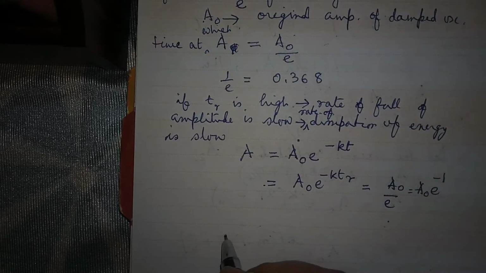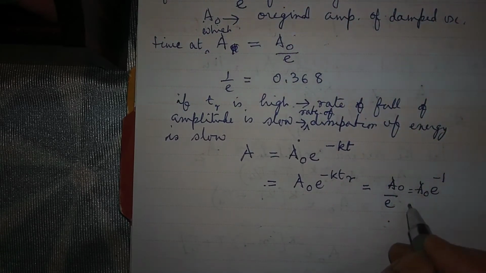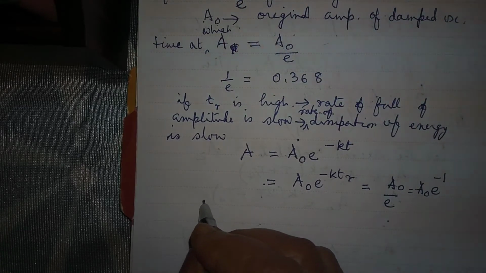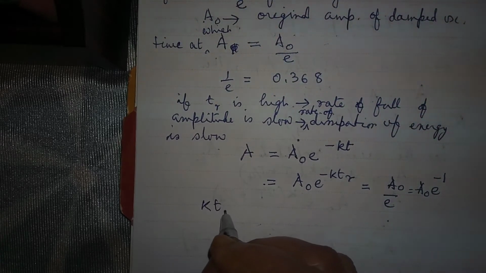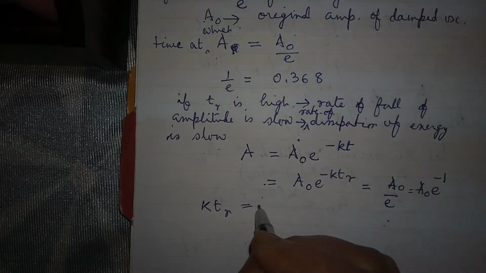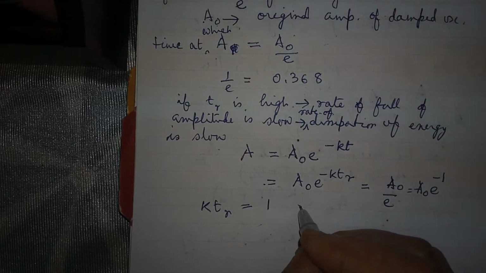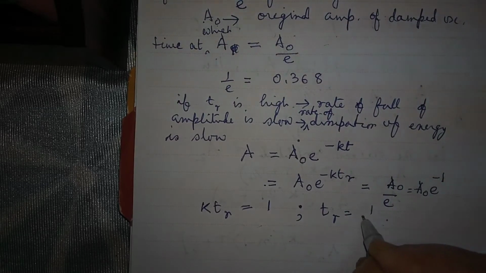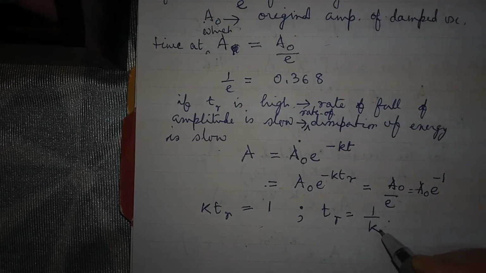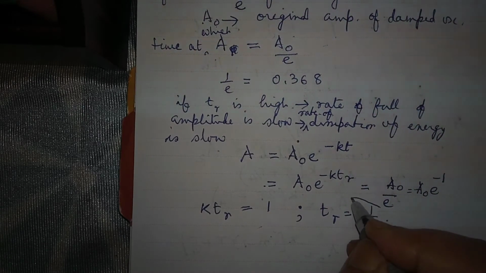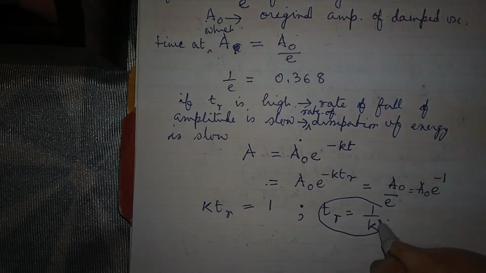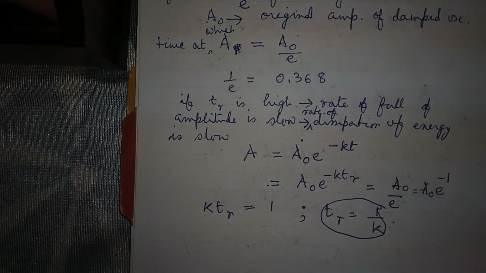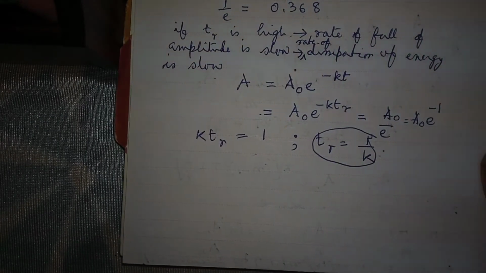So if you compare, you will say k TR is equal to 1. From here we conclude that the relaxation time varies inversely as the damping constant.